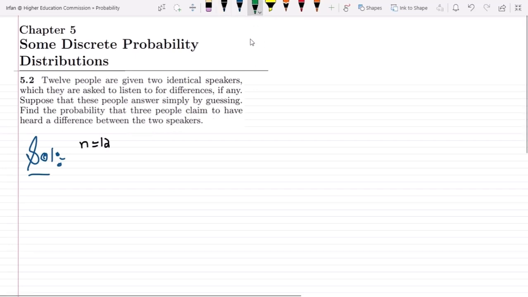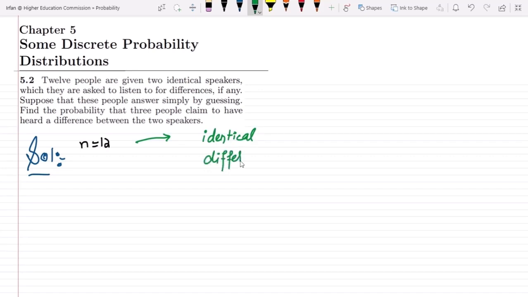They have to check two identical speakers to see whether there is a difference or not. They have to see whether these are identical or different. Either the two would be identical or different. There is nothing given about how probable it is that the two speakers will be identical or different, so therefore they are equally probable.